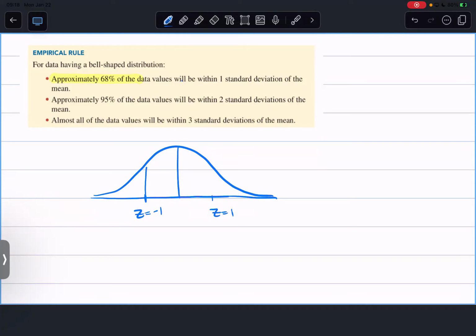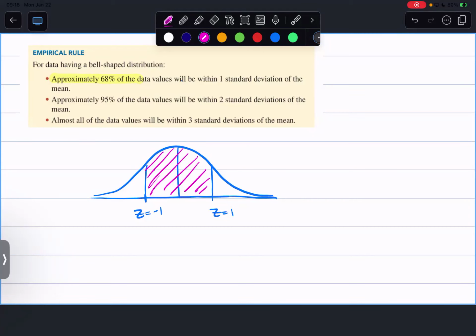If I trace this up, then this area, which would be bars in our histogram, for example, has approximately 68% of the data within 1 standard deviation on either side.